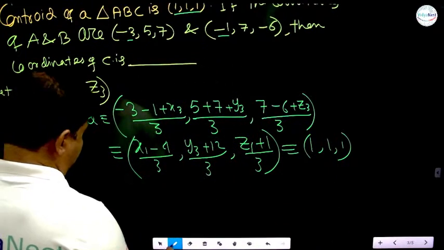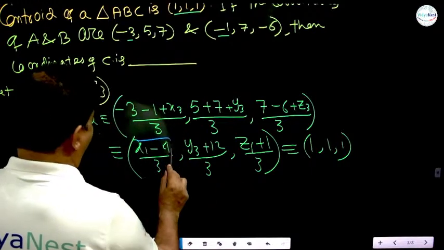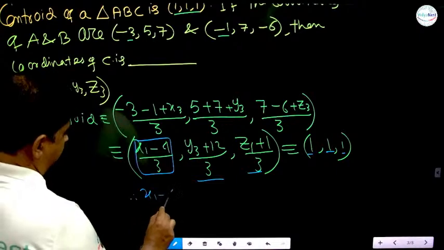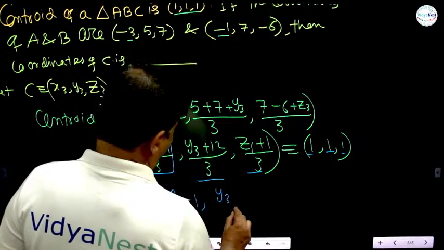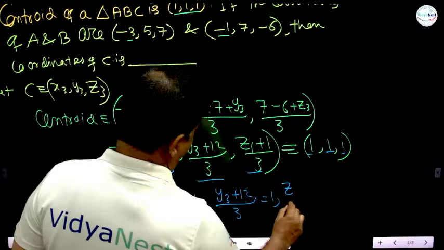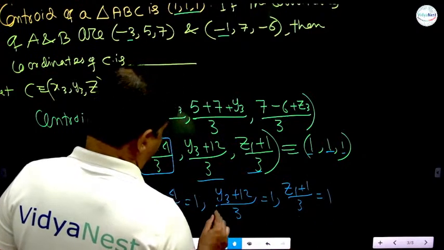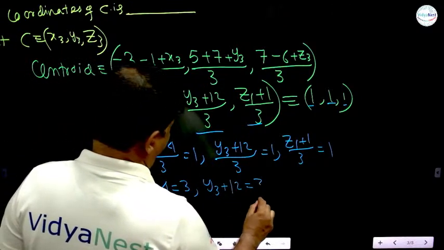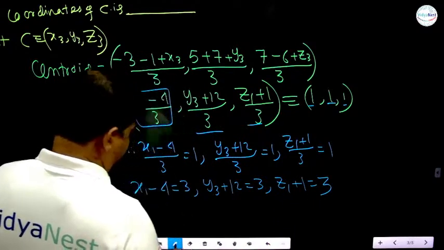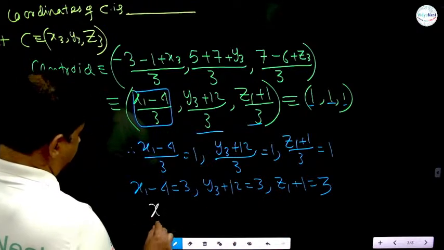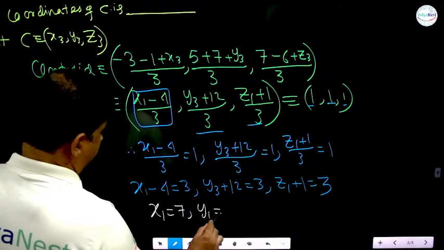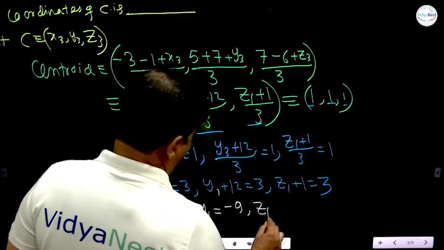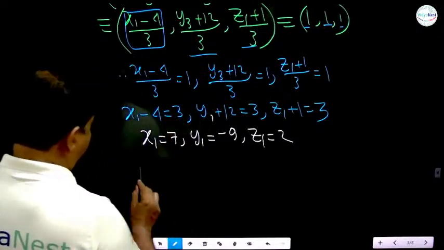Now compare. The x component will be equal to the x component, the y component equal to the y component, z equal to z. Therefore C is found.